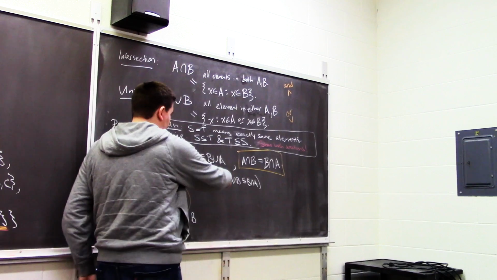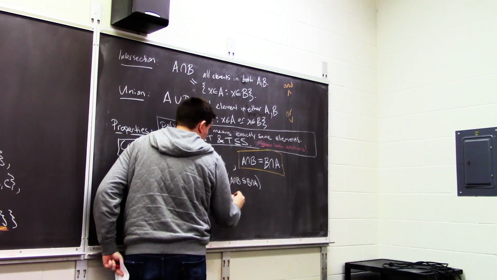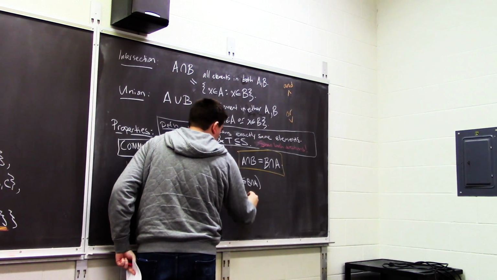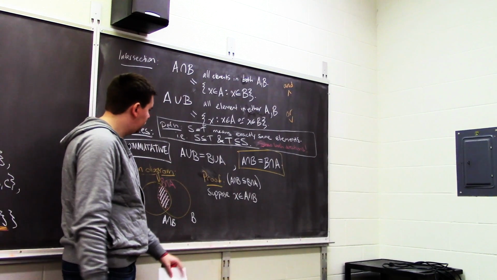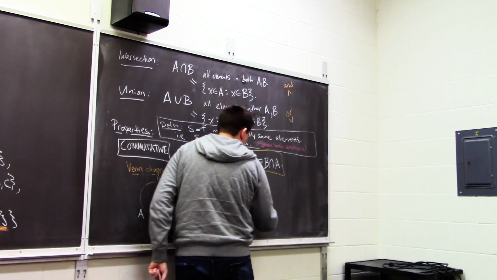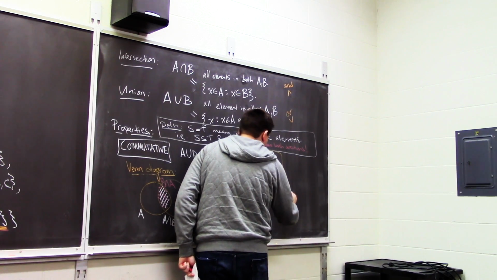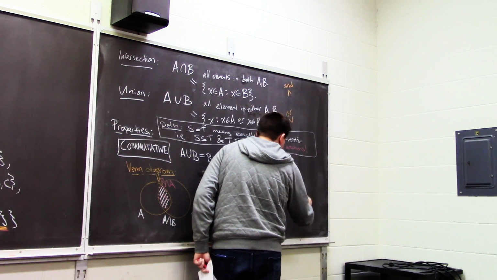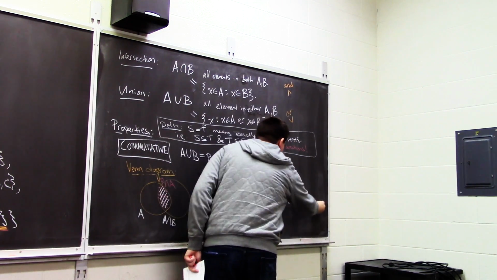Suppose something is in A intersect B. Suppose X lives in A intersect B. Then you just unpack what that means. Then X lives in A and X lives in B.